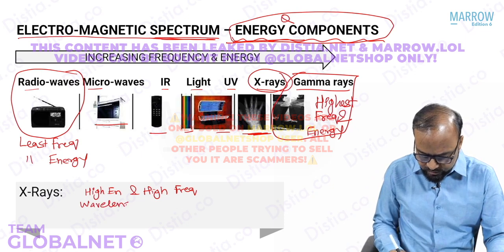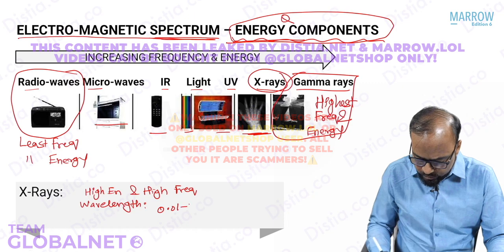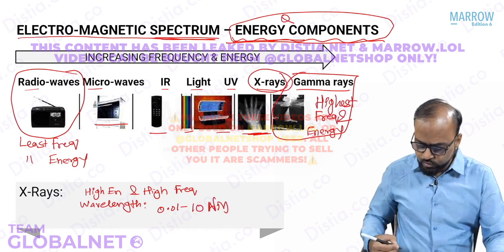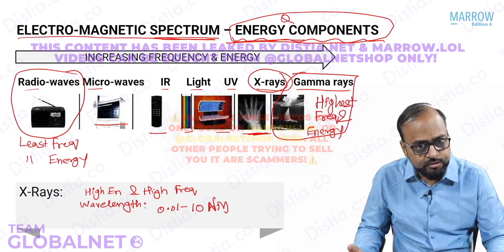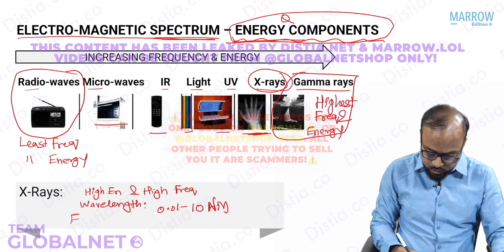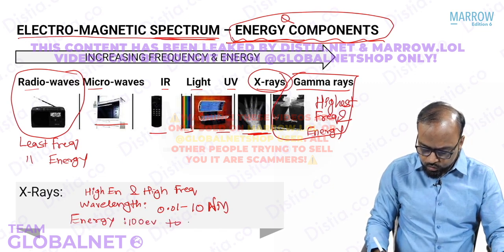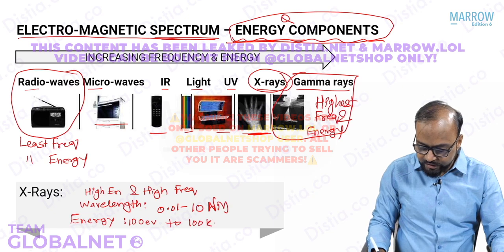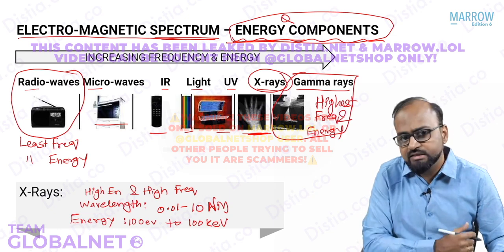The wavelength of X-rays is around 0.01 to 10 nanometers. What is the energy content of X-rays? The energy content of X-rays can range from 100 electron volts to 100 kilo electron volts. So these are a few specifics about X-rays that we must know.